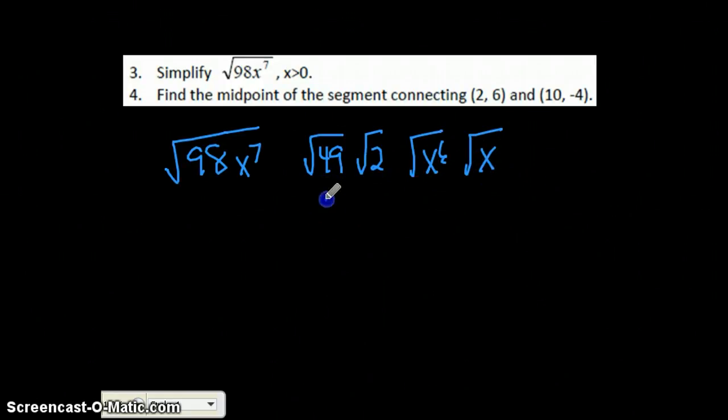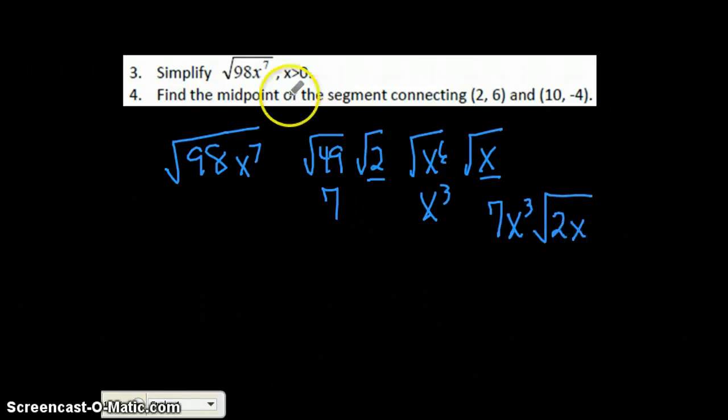Now we know that that is 7, and we know that is x cubed. But these other items in the radicand, you're going to have to leave there. So now we can rewrite my final answer. It's going to be 7x cubed radical 2x. The reason for that is x is greater than 0, you can't have a negative under the radical.